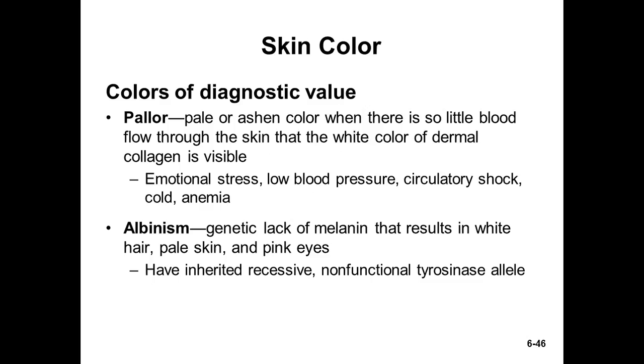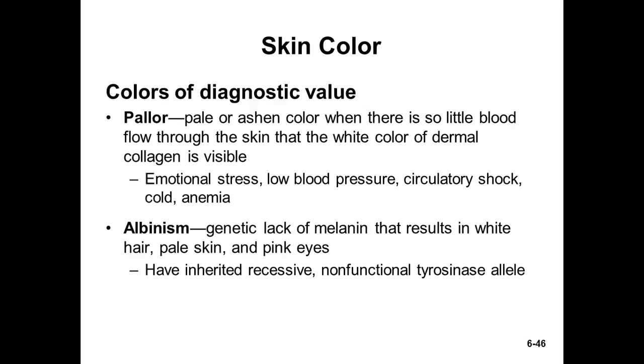People that are anemic, have low blood pressure, can take on a pale ashen color. Albinism, you need to know what that is. It is a genetic lack of melanin that results in white hair, pale skin, and pink eyes. Albinism can affect any race. You don't have the amino acid tyrosine.